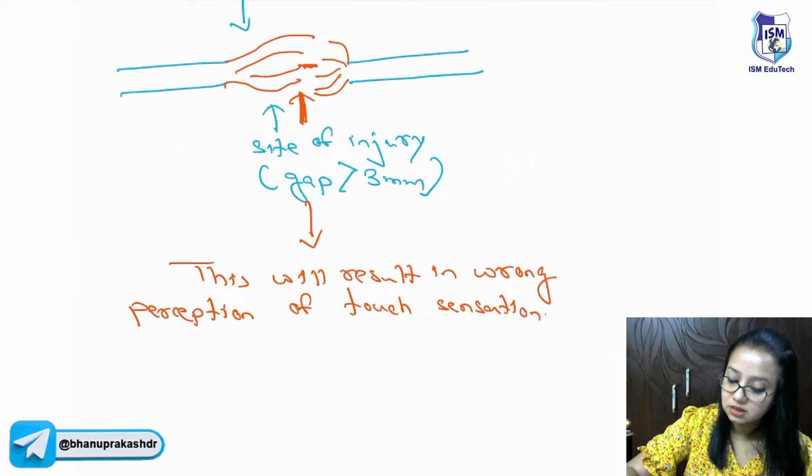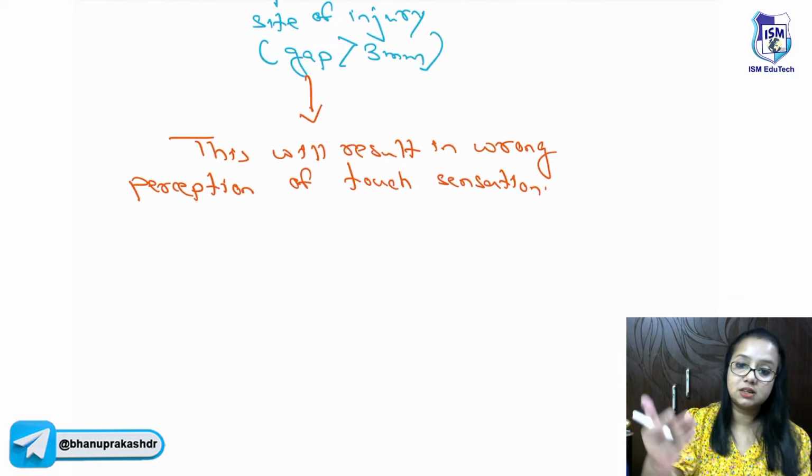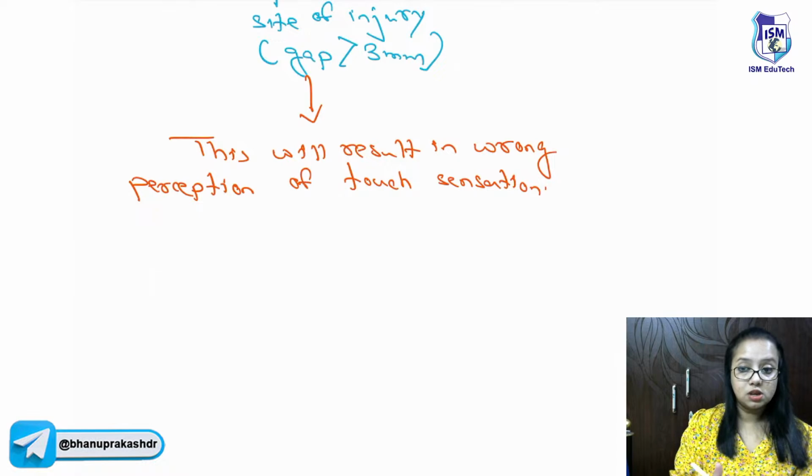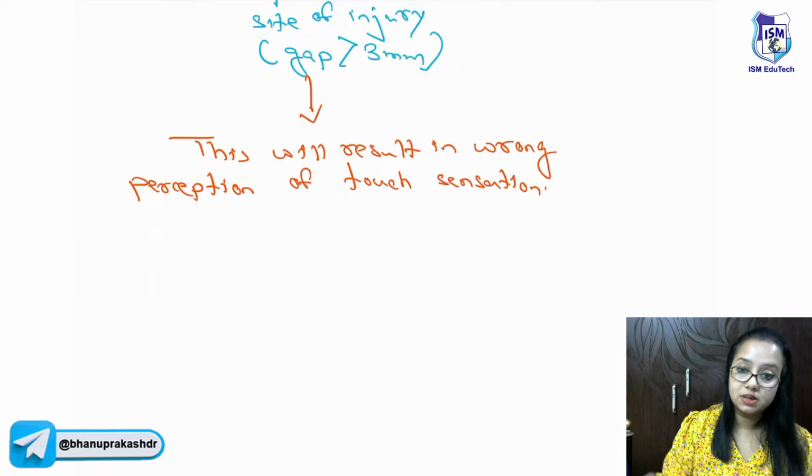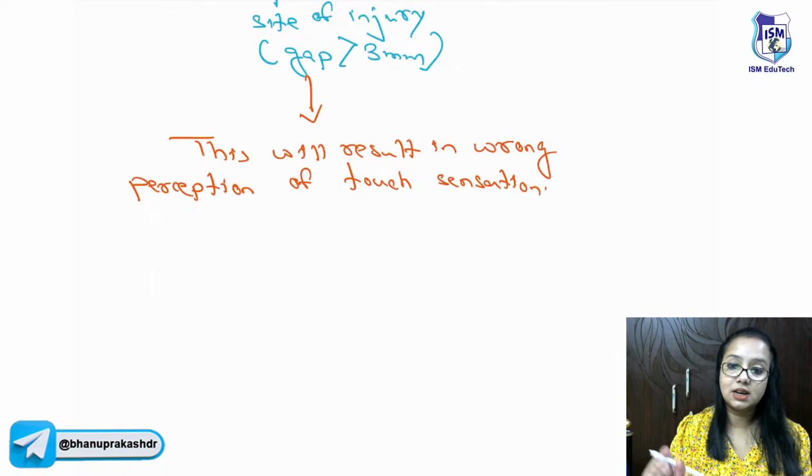sensation. Suppose there has been a cut under the toe of the person, and the cut is such that the gap is more than 3 millimeter. So there will be no laying of this nerve fiber again. That gap will persist. So sometimes it happens if that person's great toe is touched, he or she might feel that the little toe is being tingled.